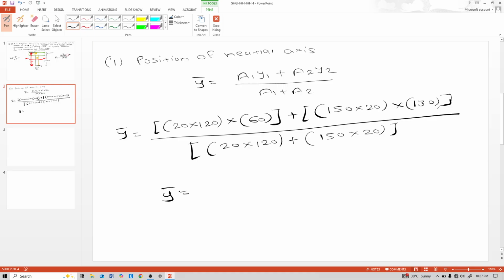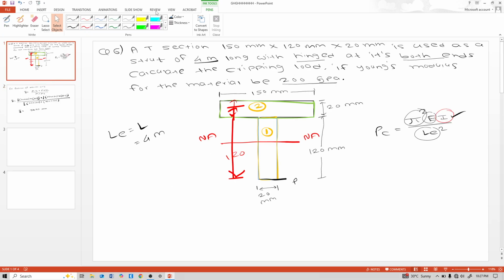So it is 98.89 mm. And this is nothing but the position of neutral axis from that base. So from this base, the position of neutral axis is 98.89 mm.